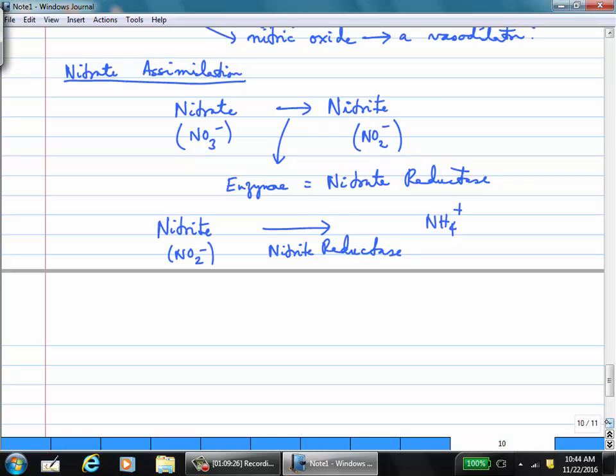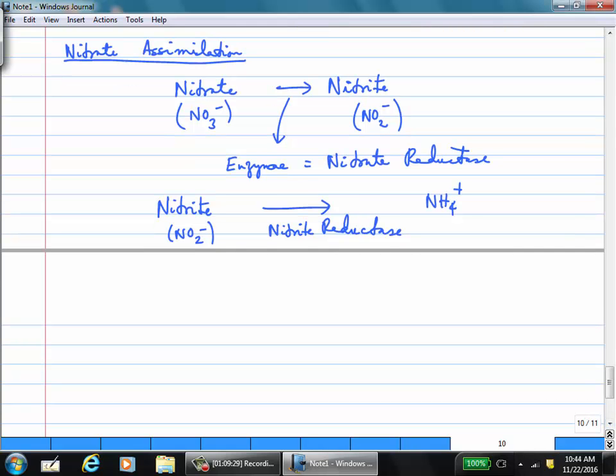And then you have to assimilate that ammonium ion. Why? Because even the ammonium ion is going to mess up those membrane potentials, in the case of plants and animals. So you have to convert it into amino acid. I'll give you several examples of how that is going to happen.